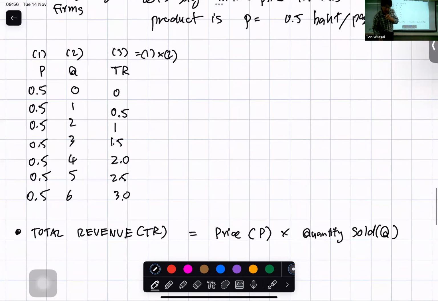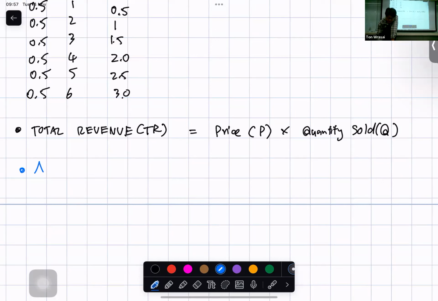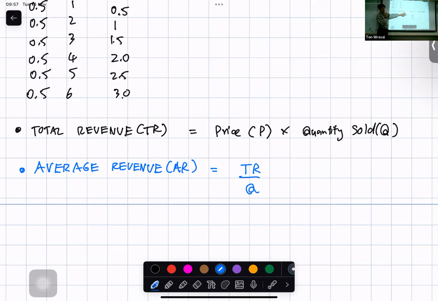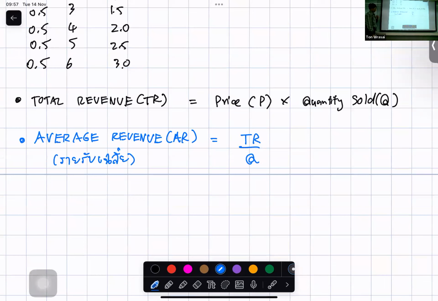Next, we want to have one more item. Average revenue, which comes from total revenue divided by amount of goods sold, TR divided by Q. Let's compute this.